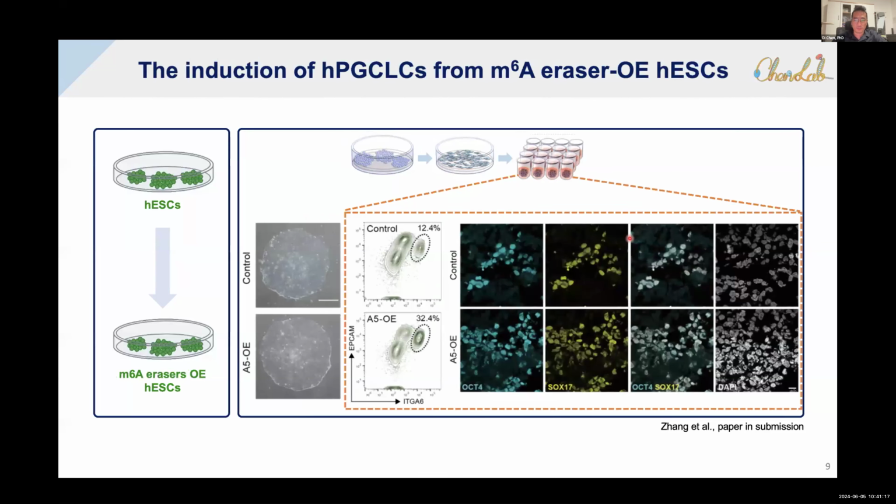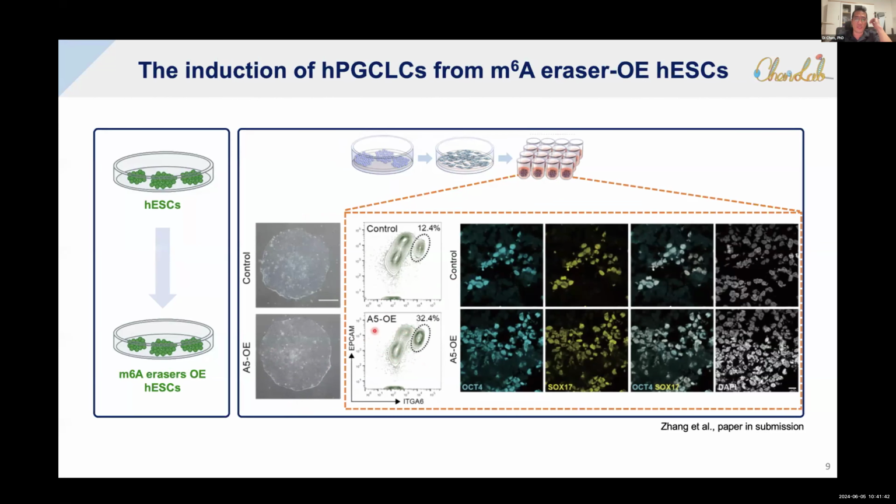And also, we overexpressed the erasers, because writers add the m6A, and erasers remove the m6A. In order to prove that the m6A pathway is involved in this process, we removed the m6A by overexpression of the erasers. There are 2 eraser proteins for m6A. One is ALKBH5.